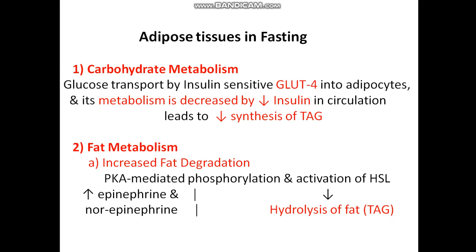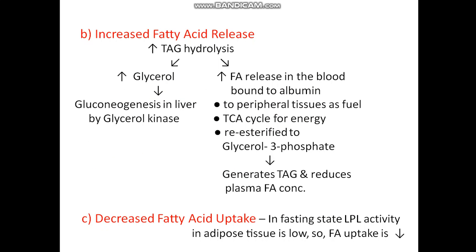There is increased degradation of fat, that is PKA mediated phosphorylation and activation of hormone sensitive lipase, which hydrolyzes the fat, that is TAG, and this is due to increased epinephrine and norepinephrine.